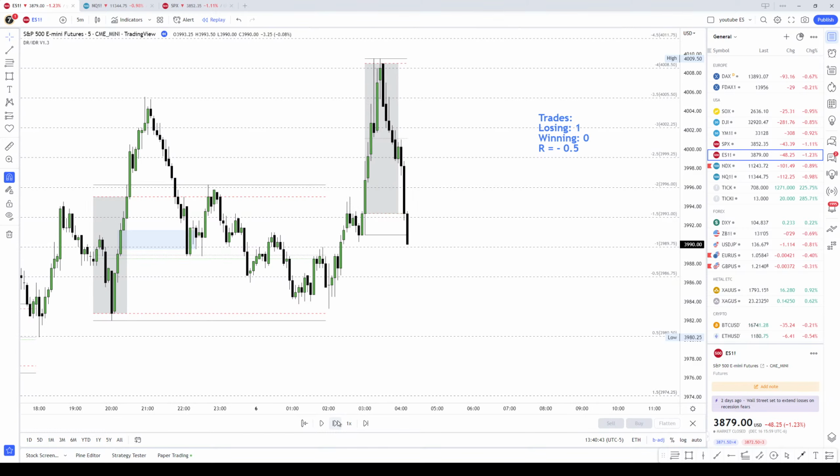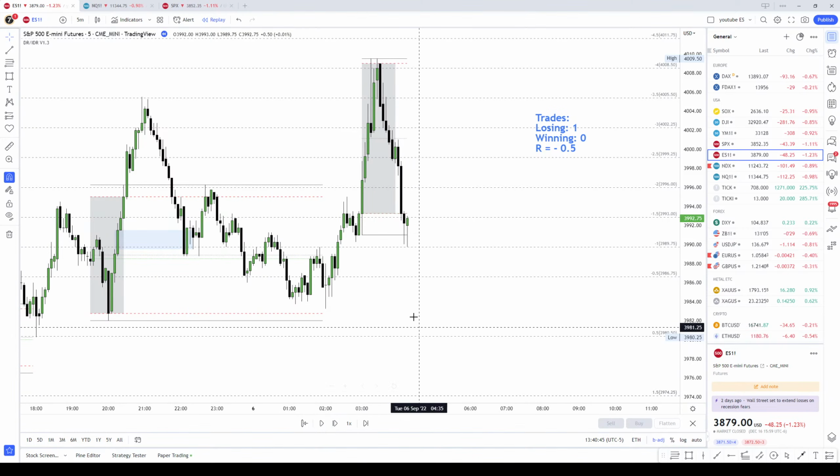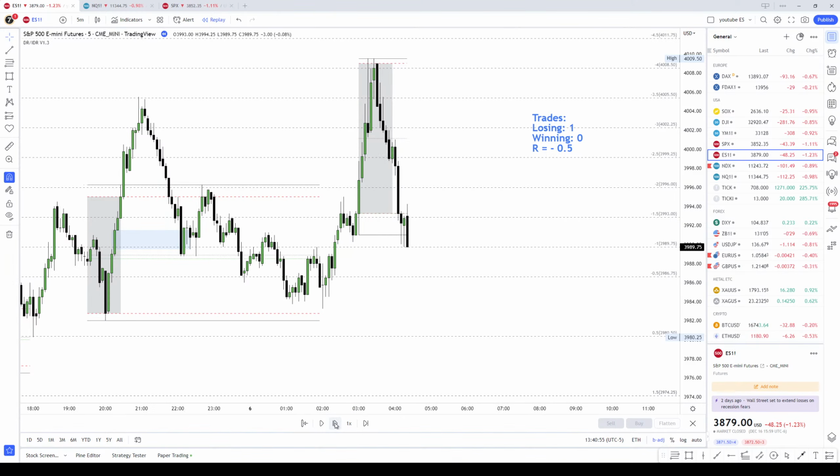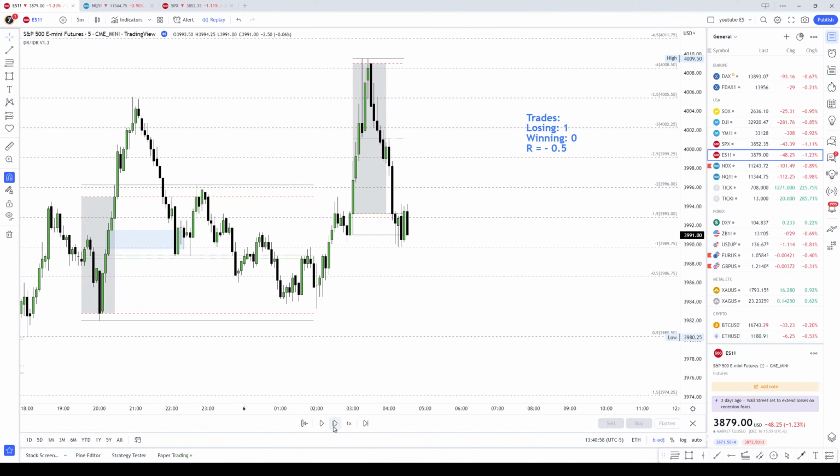So let's look. Now we have early confirmation for short, but not a confirmation yet for short. It's an early confirmation. Now we have a confirmation for short. So we would be looking for a short entry now.